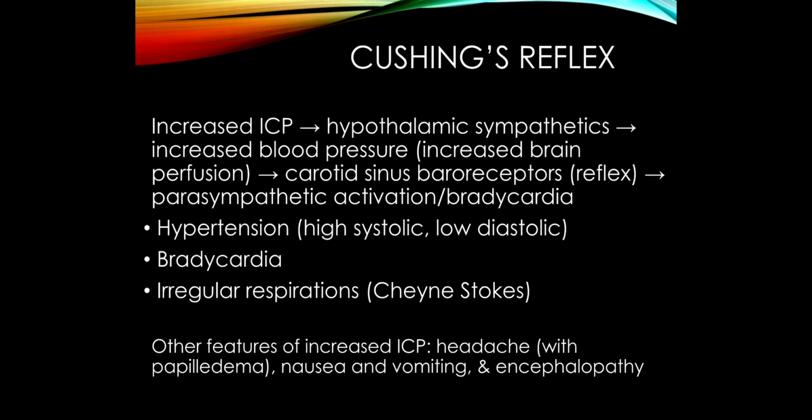And the mechanism here is, some of it is poorly understood, but it appears that increased intracranial pressure has a mass effect then on the hypothalamic sympathetics. Okay? And that will cause the blood pressure to elevate, which can actually be a good thing in this situation. The brain needs to get a good flow of oxygen. If there's increased intracranial pressure, that's going to interfere with oxygenation of these areas.